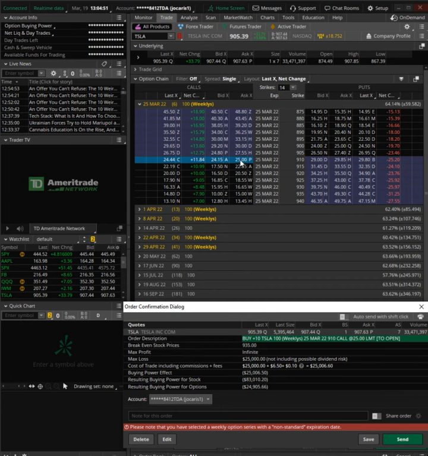And that is if you were buying the single at the 910 price. Okay, so what that would mean is that from 910 and higher, you would be in the money, which indicates the purple section up here.